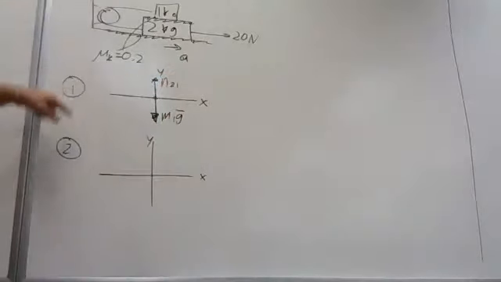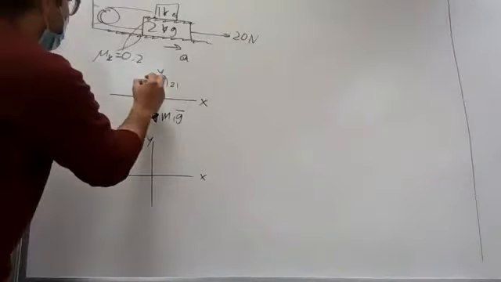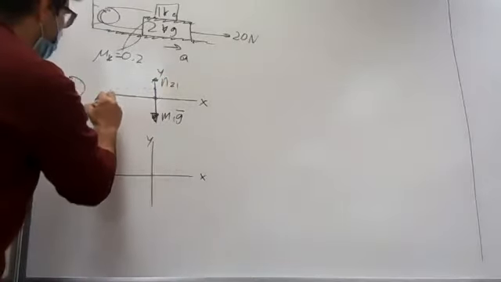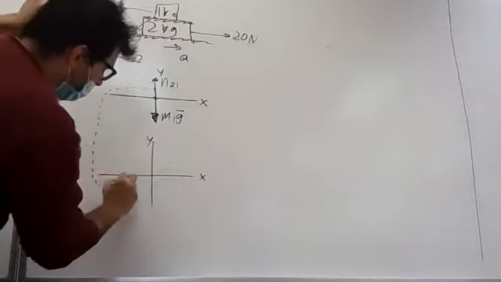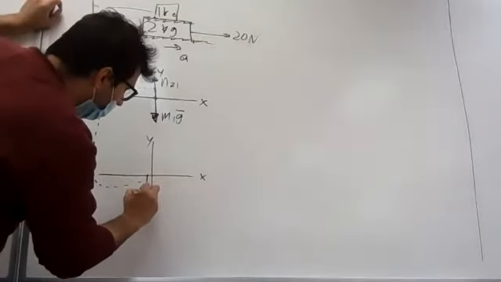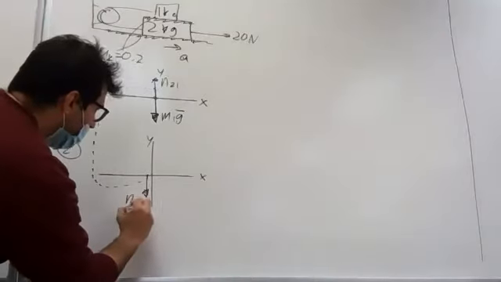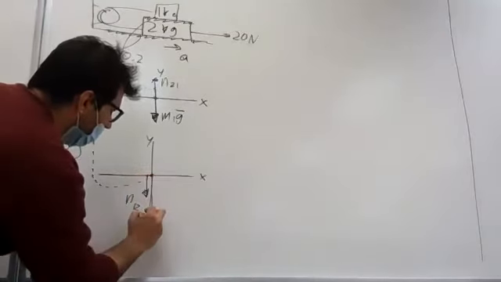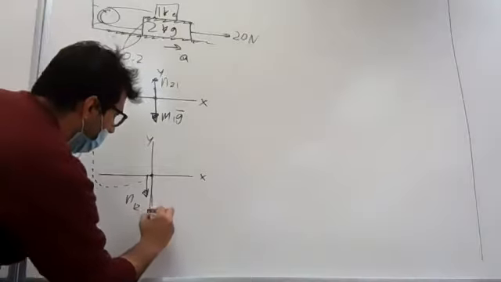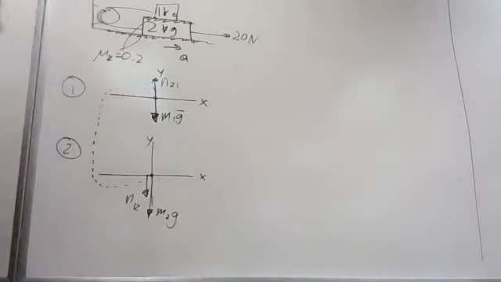And so that's going to activate Newton's third law. So we're going to have one third law pair. We're going to have an N1 down. This would be N of 1 on 2, in addition to your M2G right there. So that's the first action-reaction pair.